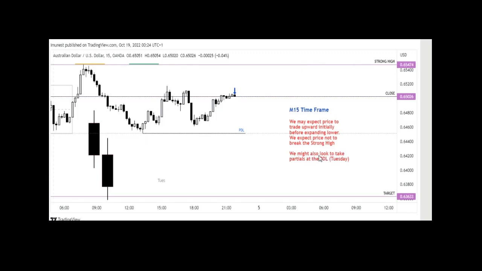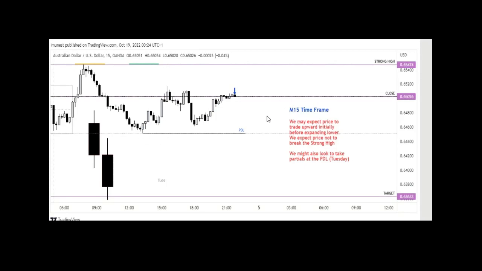We might also look to take partials at the previous daily low. As a day trader, the previous daily low is very useful for taking partials, or even as our final TP.